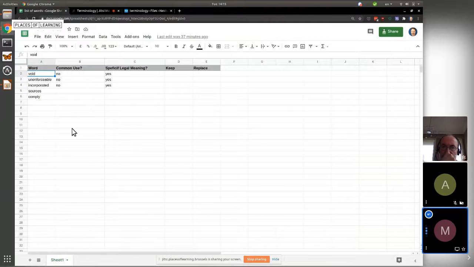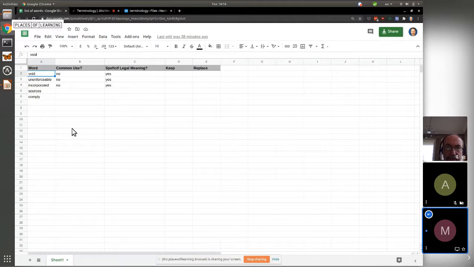Some people use Trello, some people use Post-its, but basically it's a list of words. The first word that we circled, which we think people don't understand, is void.